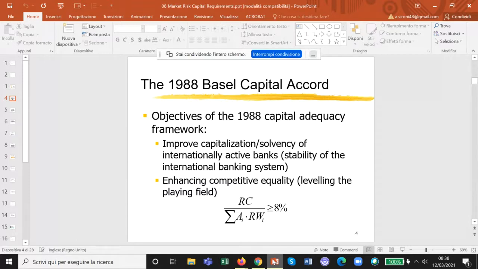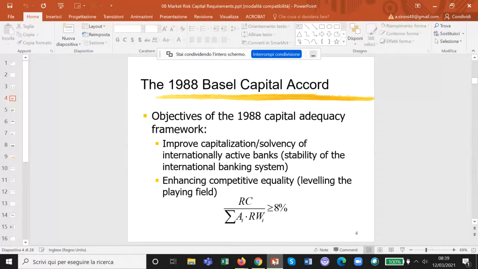What was this other country? Who knows? Which country had banks that in the 80s were actually gaining market share with respect to the US banks at the international level?